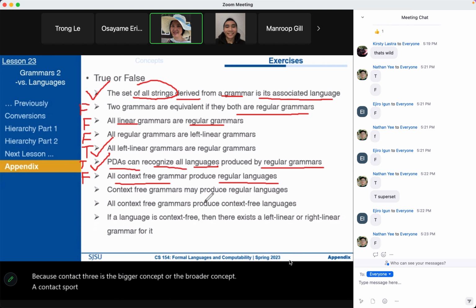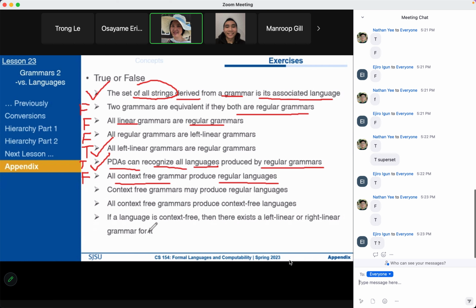Context-free grammars may produce regular languages. That's true, because context-free is the bigger concept.